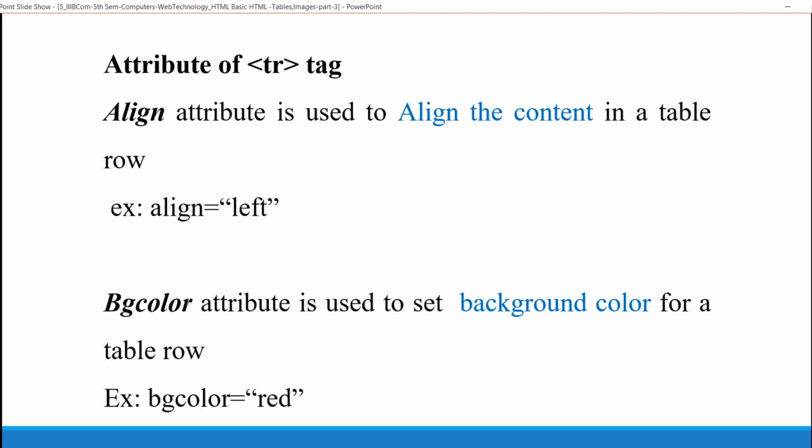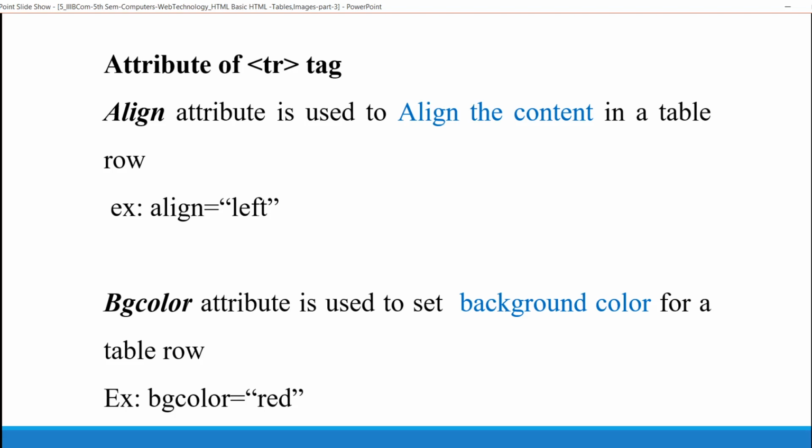If we want the content of a row, or the heading or data content, to be aligned in a cell, either on the left side, right, or center of the cell, we use the align attribute.